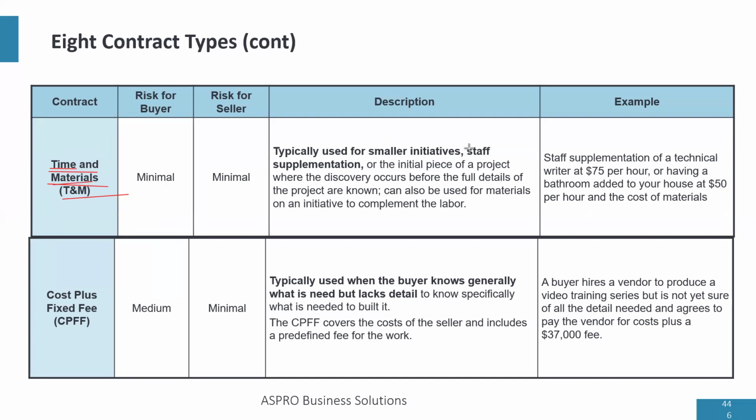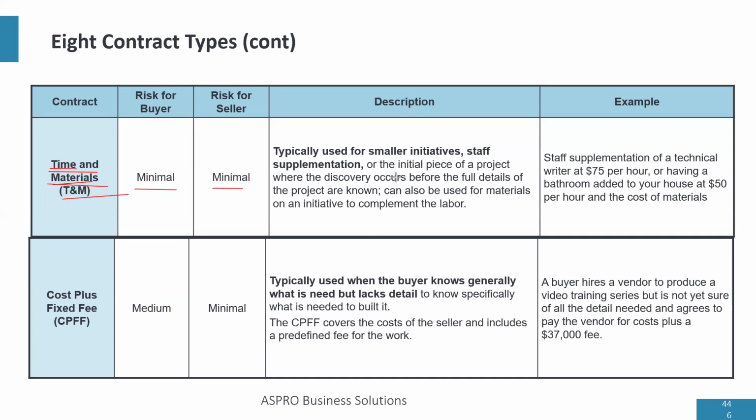So it's used for smaller initiatives where you need staff supplementation, right? And that's simply it. The risk for the buyer is minimal and the risk for the seller is minimal, right? So if you need more staff, use time and materials contract type.